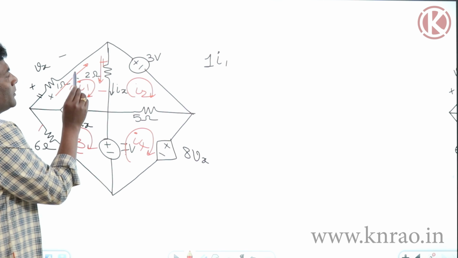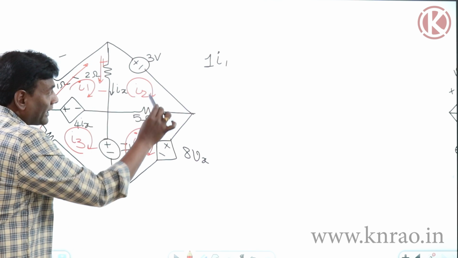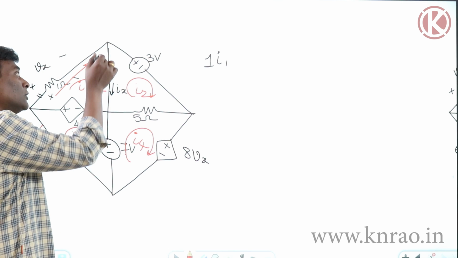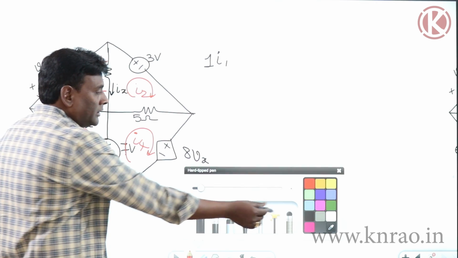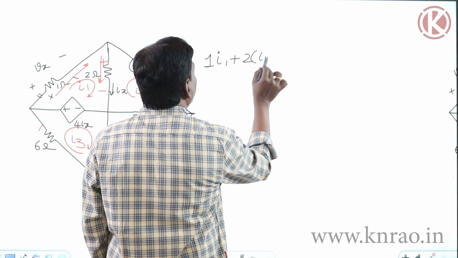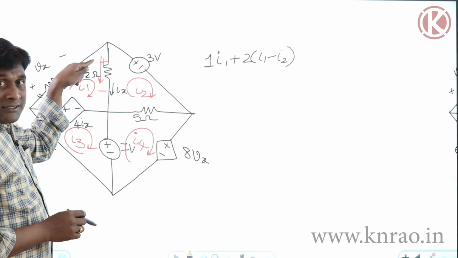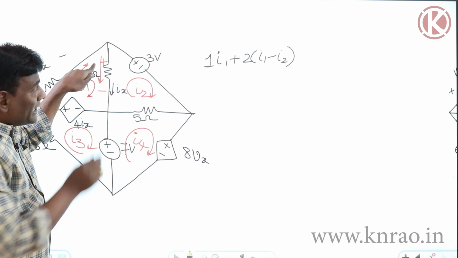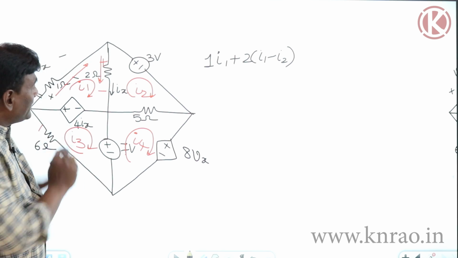How much is the entering current here? Current entering in this direction is I1, current going in the opposite direction is I2. So the entering current here is I1 minus I2. So plus 2 into I1 minus I2, plus because I touched plus here. The moment I use plus, the current is going in this direction.